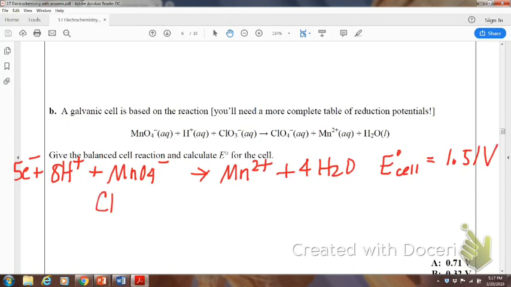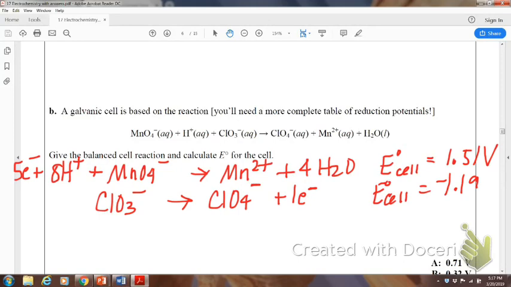For the chlorate, going to perchlorate, it's going to need 1 electron. And then that value from a more extensive table is negative 1.19 volts. So when you add those up, you get 0.32 volts. And then, of course, in order to get that one to work out, we got to do 5 times 5.